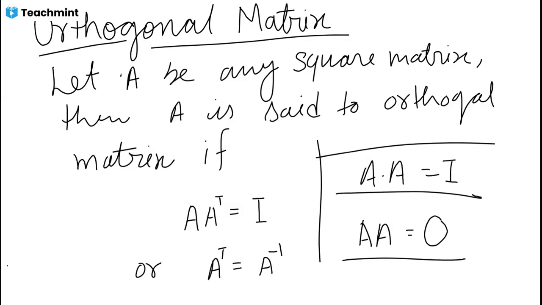For nilpotent, when we multiply A by itself any number of times, we'll get a null matrix again and again, and it is said to be a nilpotent matrix. Okay. Got it? Yes, ma'am.